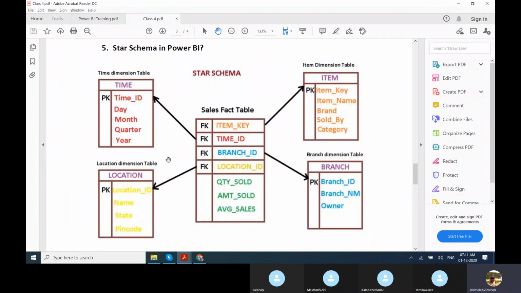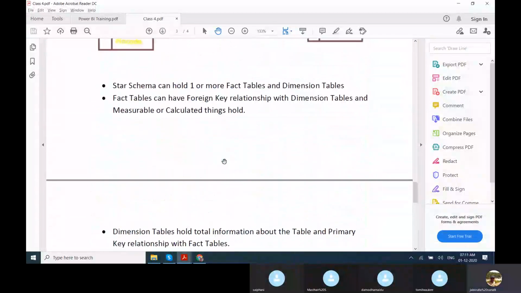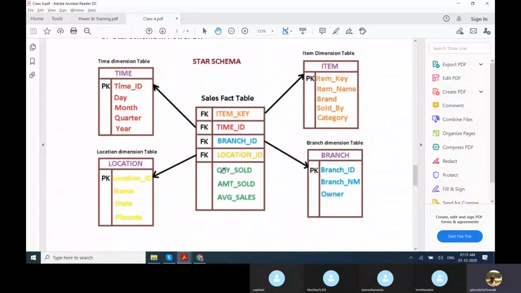And what does a fact table contain exactly? A fact table contains foreign key relationships with the dimension tables, and whatever we can quantify and calculate, those things will be held. Without a fact table we cannot do any calculations in Power BI. The fact table is very important.